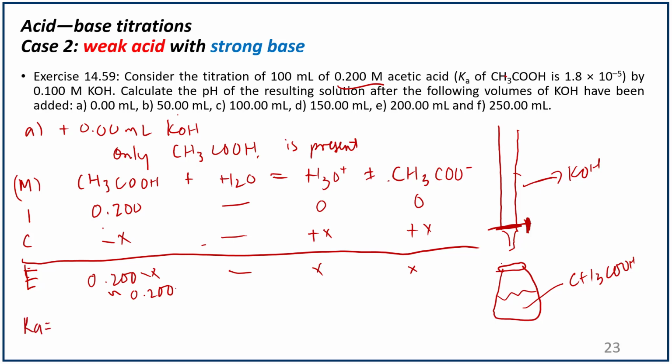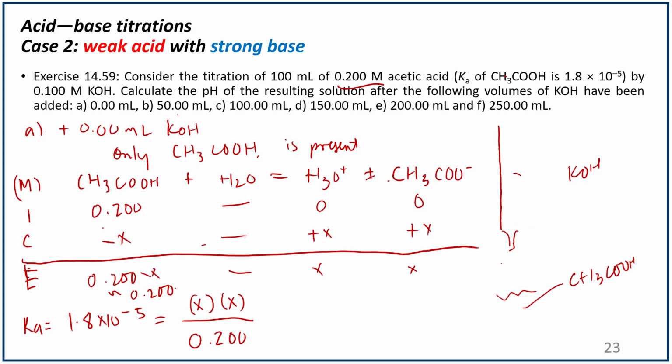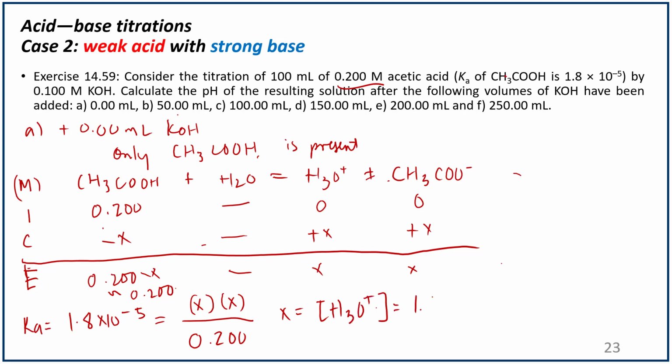Ka is equal to 1.8 times 10 to the negative 5, is equal to the concentration of the products, so X times X, divided by the concentration of the reactants at equilibrium. We only have one, so 0.200. All right, and then if we solve for X, we're going to get X is equal to H3O+, is equal to 1.9 times 10 to the negative 3 molar.